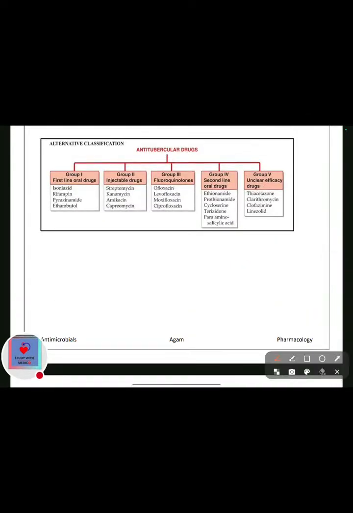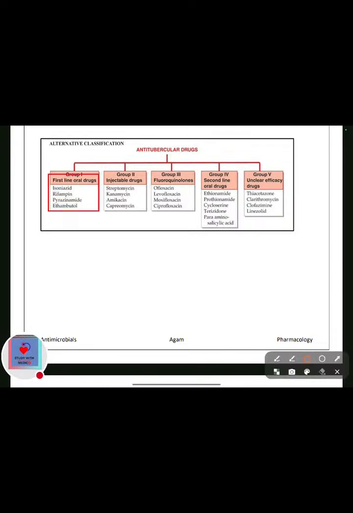Talking about anti-tubercular drugs, you have group 1 first line drugs, group 2 drugs, and group 3 drugs. First line drugs are the drugs which are taken orally.